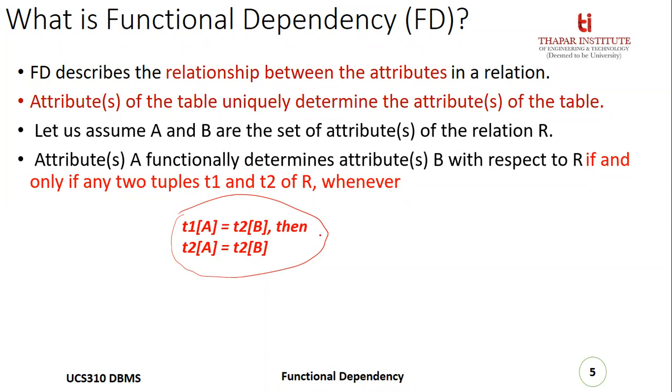You can see here, if there is a functional dependency between attributes A and B, A determines B if and only if a tuple T1 in a relation is equivalent to the tuple T2 in the same relation, then it should be for the tuple T2. So it should be T1, I think.